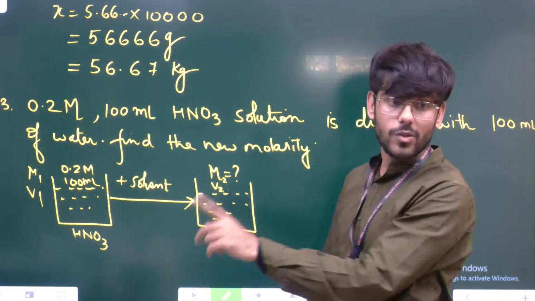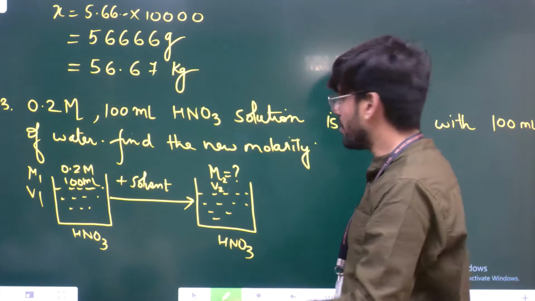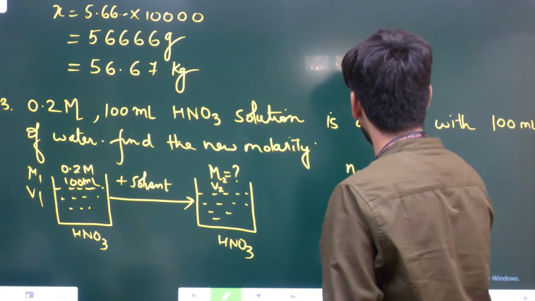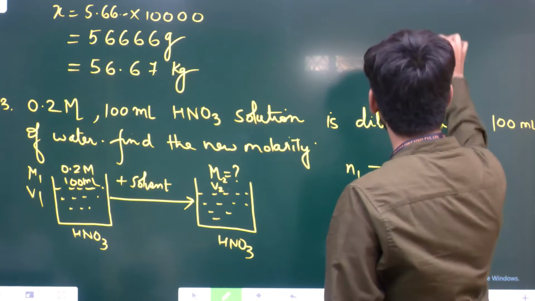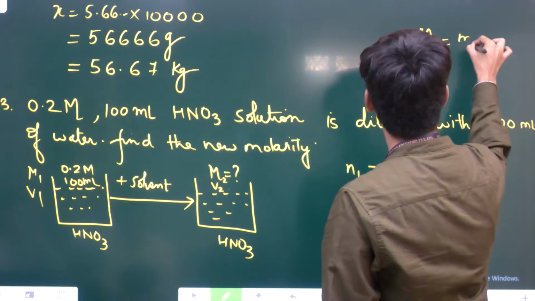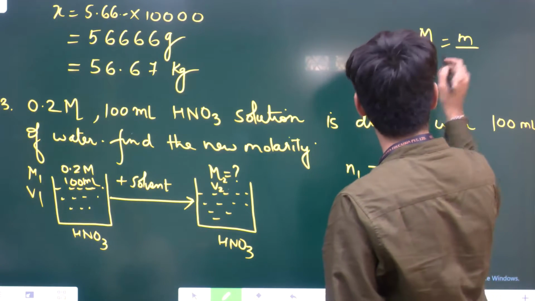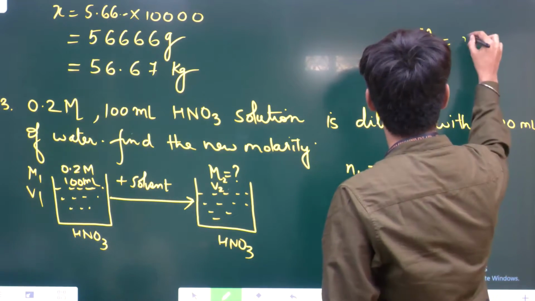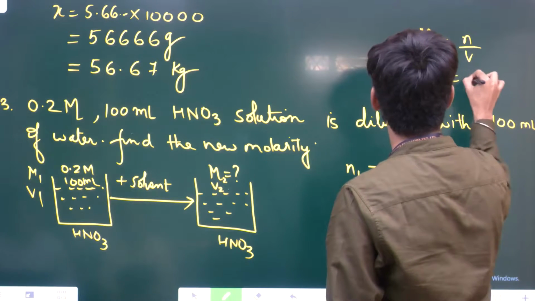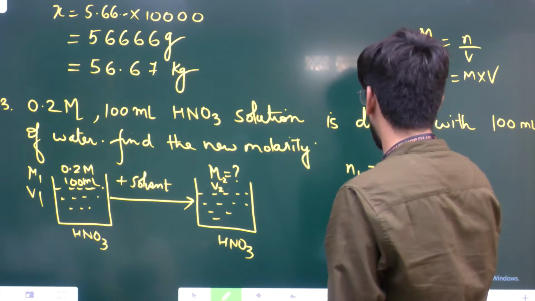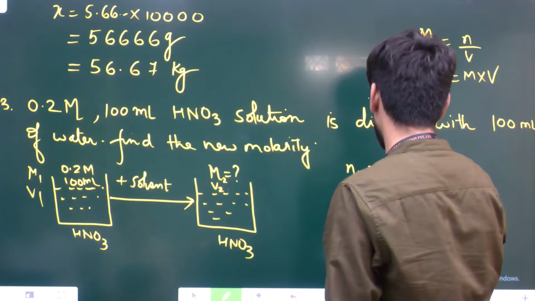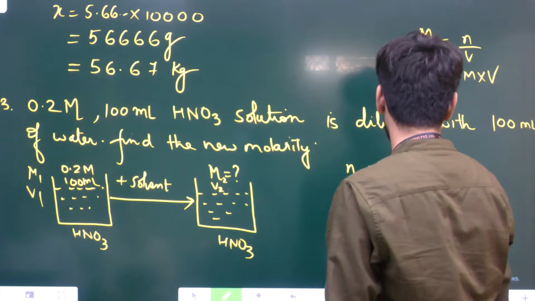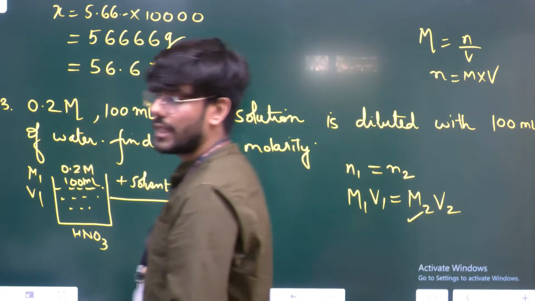You are adding the solvent. So can I say that N1 is equal to N2? Yes. And you know that molarity is moles upon volume. So moles is equal to molarity into volume. So M1 V1 is equal to M2 V2. Let's apply this and find out M2. Tell me what it is.